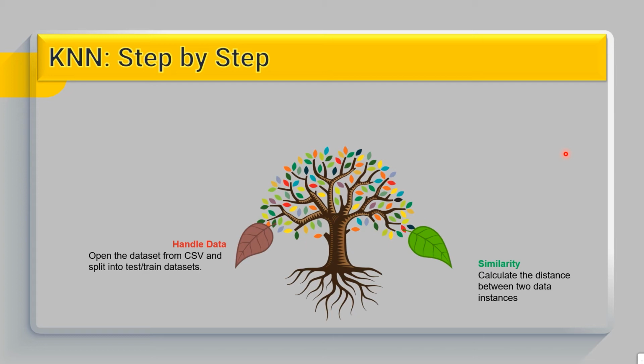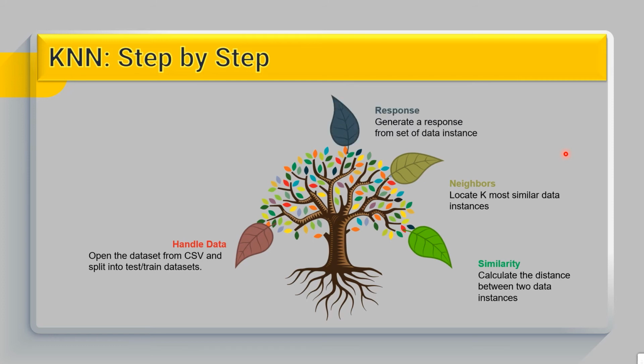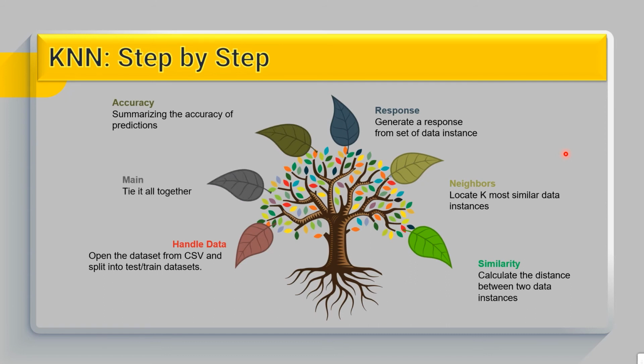Once we calculate the distance, next we'll look for neighbors and select k neighbors which have the least distance from the new point. Once we get our neighbors, we'll generate a response from a set of data instances. This will decide whether the new point belongs to class A or class B. Finally, we will create the accuracy function, and in the end, we'll tie it all together in the main function.